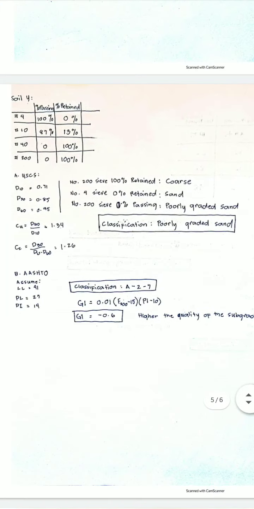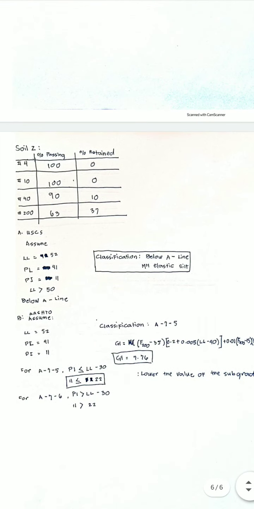I assume that soil Z has a liquid limit of 52 and a plastic limit of 41, so PI is equal to 11. The liquid limit of soil Z is greater than 50, so it is below the A line.